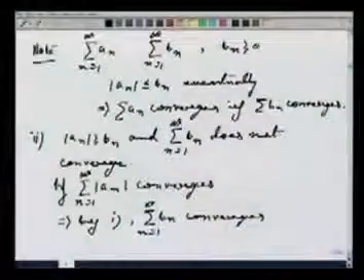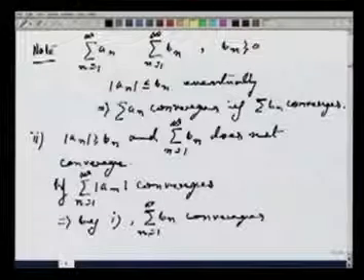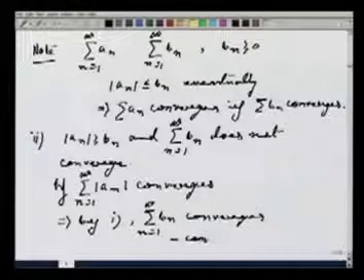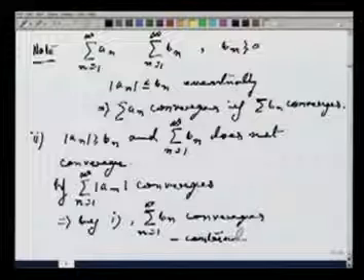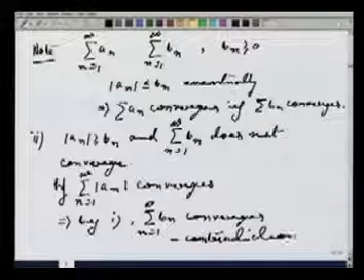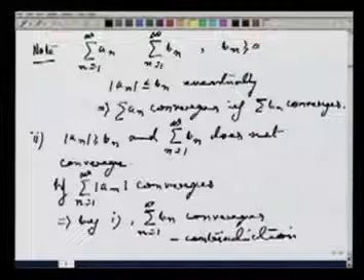That means then summation mod an cannot converge, because if that converges, that would imply that summation bn converges, but it is given to me that summation bn does not converge. So this is a contradiction. So this contradiction tells me that it cannot happen that summation mod an converges.